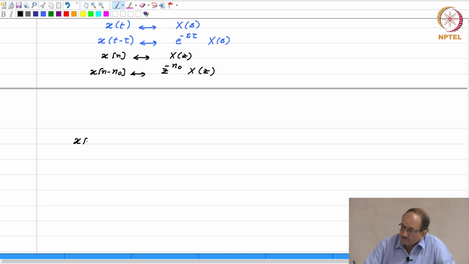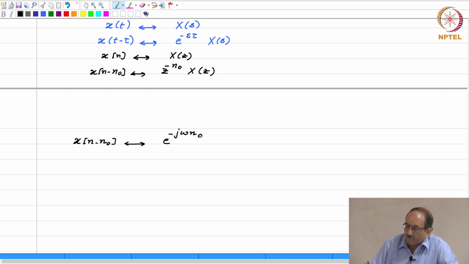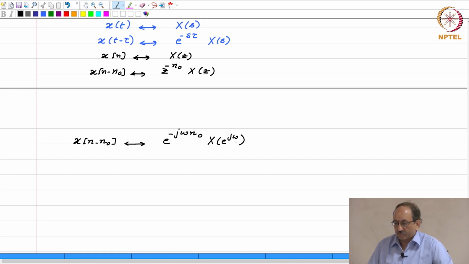Let us look at this for the DTFT. So this was e to the minus j omega n naught times X(e to the j omega). One thing about the DTFT that is different from the Z transform is, the Z transform is a complex function of a complex variable.